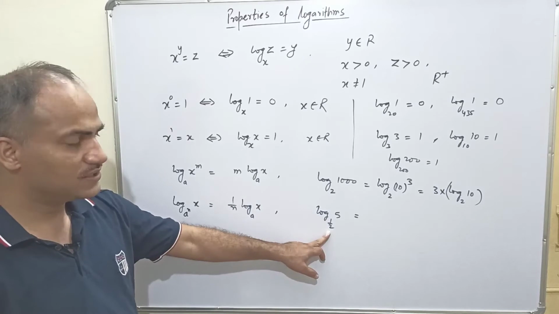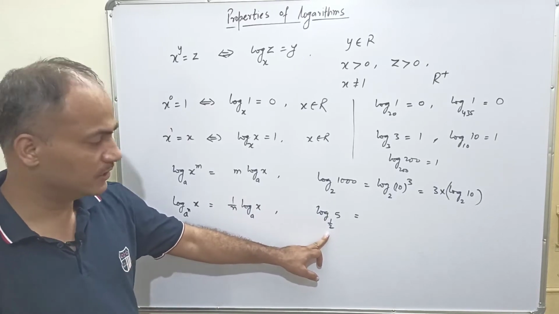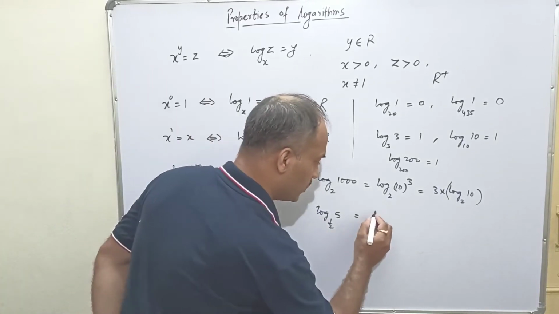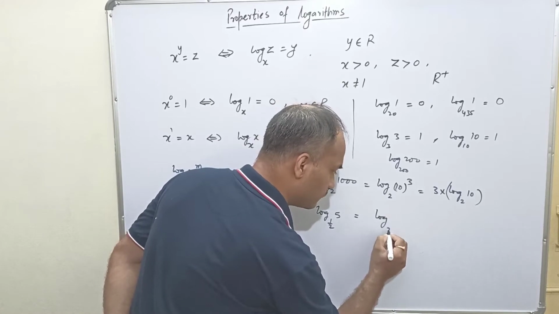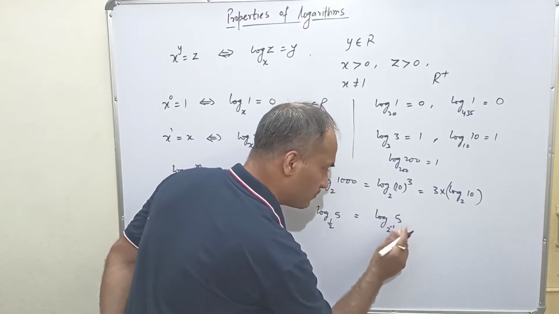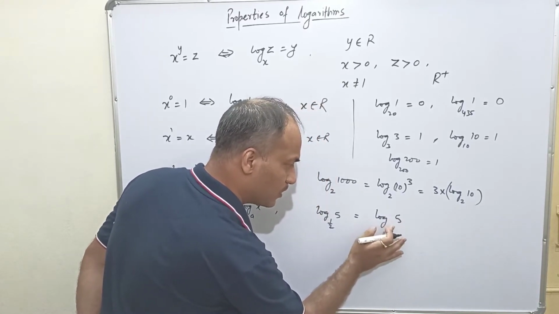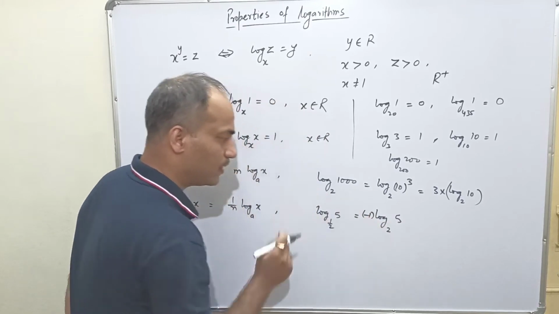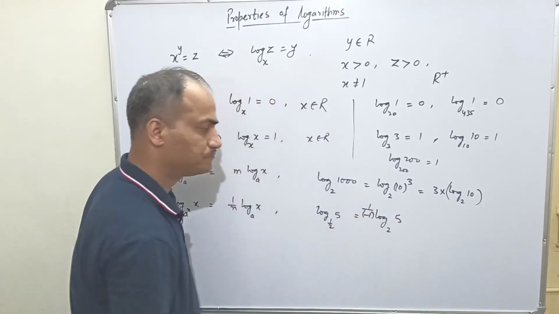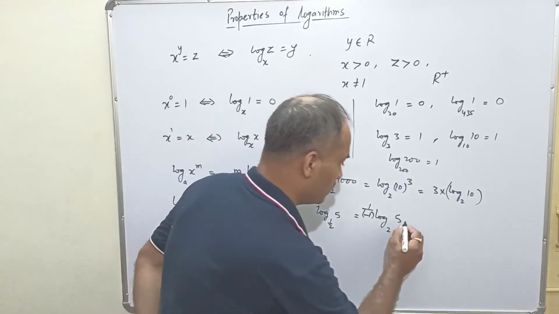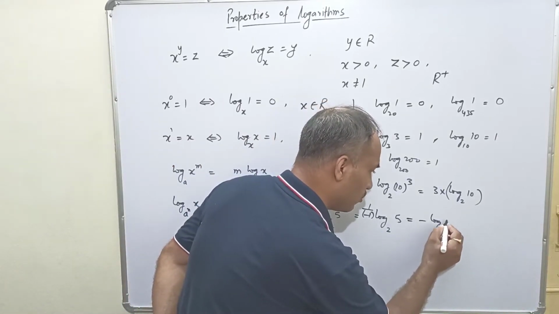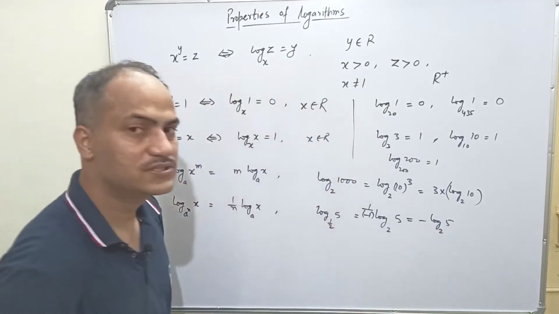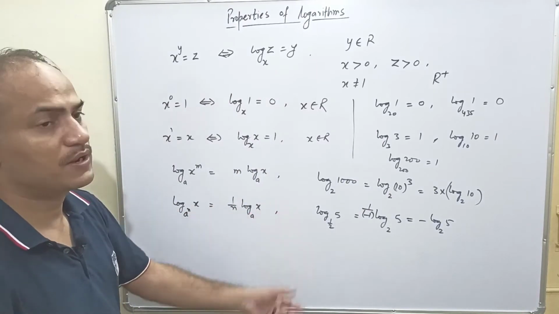What is this exponent? 1 upon 2 means 2 raised to the power minus 1. This power minus 1 will come here in multiplication. So this expression becomes minus log of 5 to the base 2. This is the application of this.